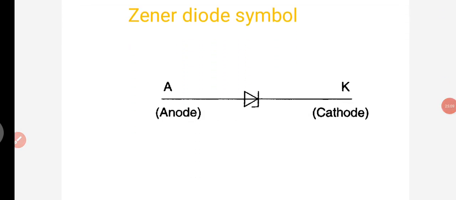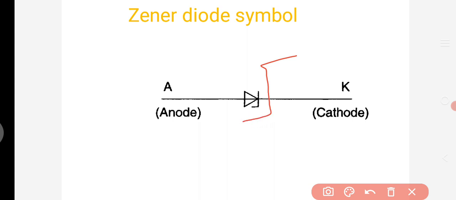Now the symbol for the Zener diode. At the cathode end we use a symbol like a reverse form of Z. This end is called the cathode and this terminal is called the anode. Just like a PN junction diode, the Zener diode also has two terminals, anode and cathode.